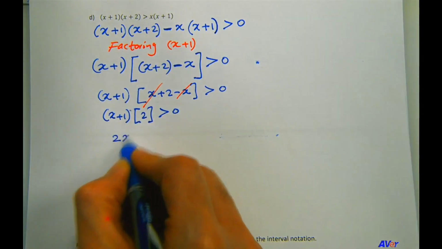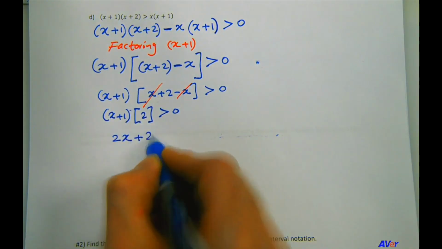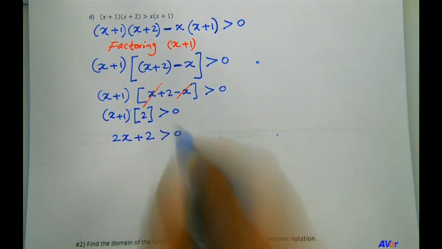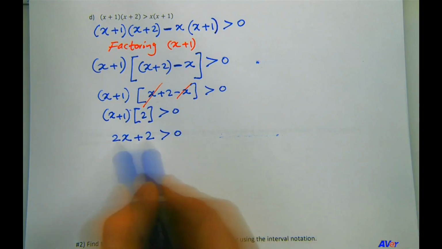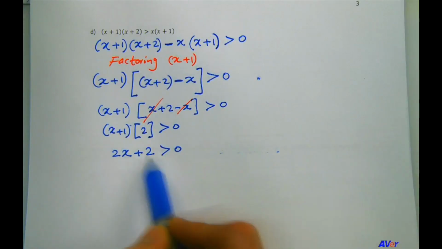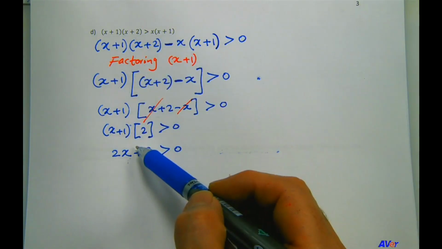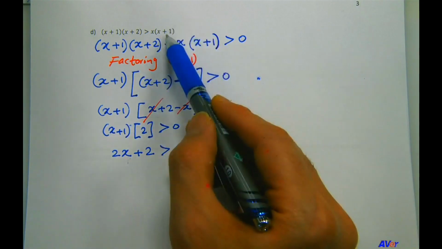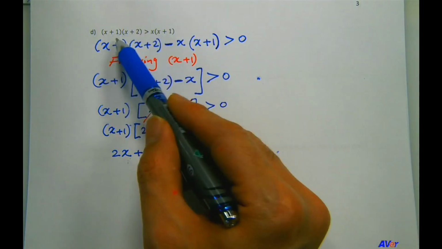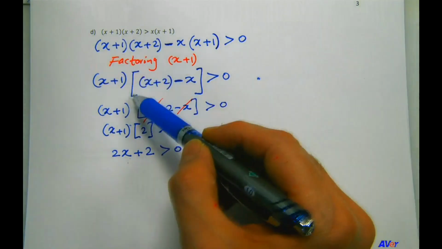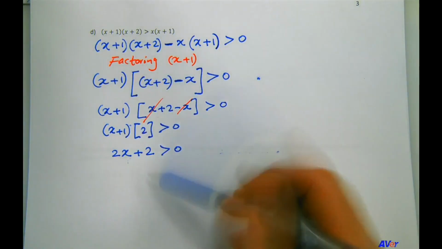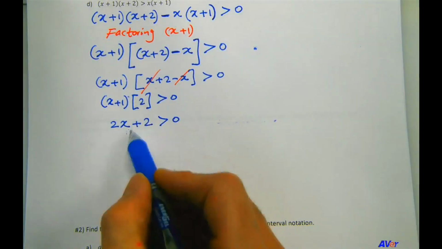We have 2x plus 2 greater than 0. Now compare this inequality with that inequality. Much simpler, isn't it? And we accomplished this by how? By moving all the terms that have variables in them to one side, to the left, and then factoring and then simplifying things. Okay, so now let's solve for x.